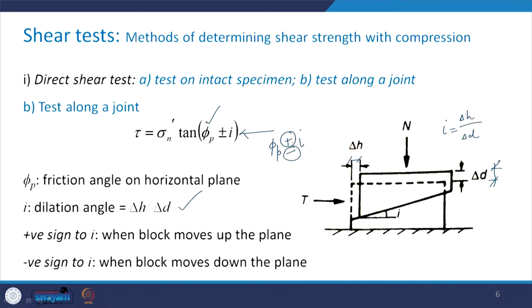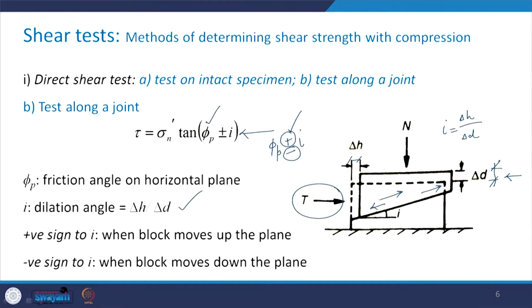So, when the block, that is this block which is sliding, moves up the plane, in this case, then we need to assign positive sign to I. Let us say instead of this direction of T from left to right, now let us say this is from right to left, then what will happen? This block will start moving in this direction.